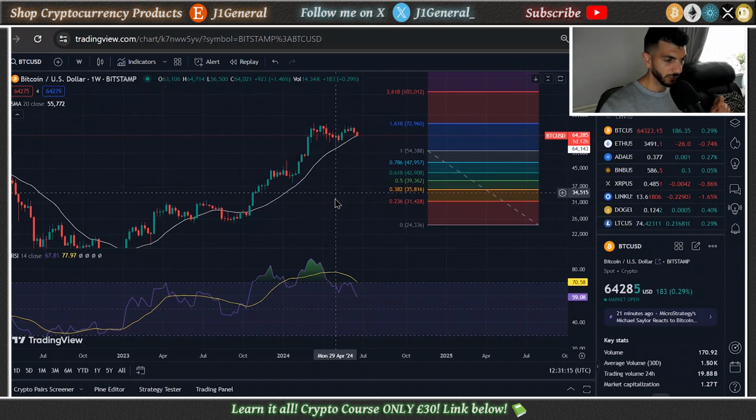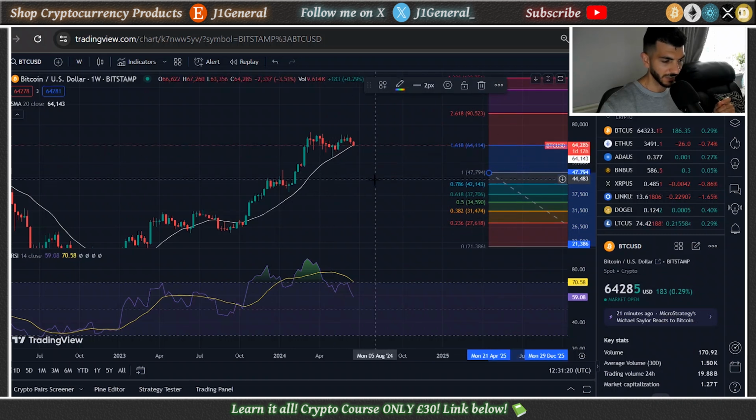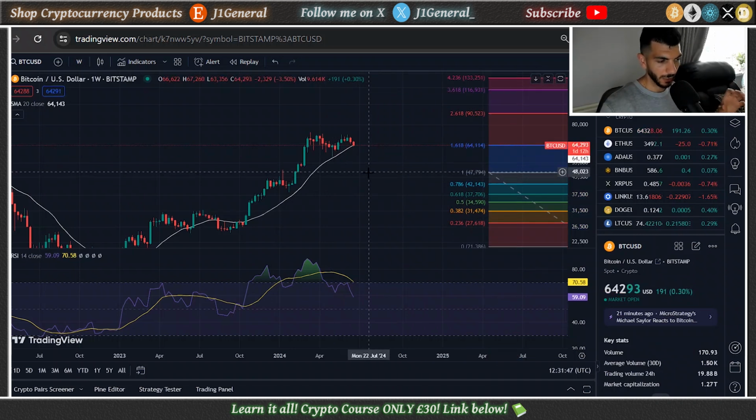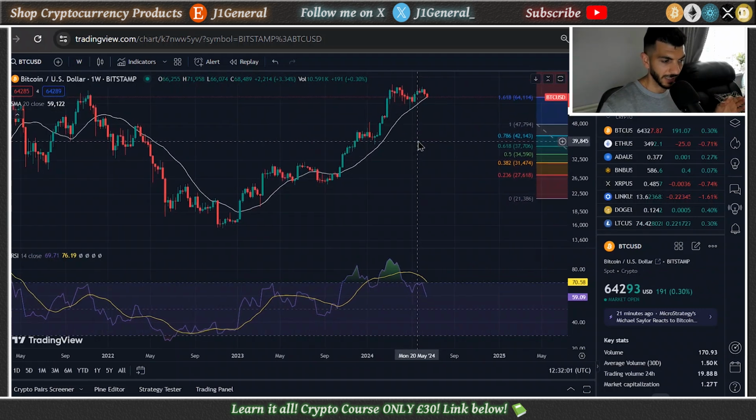So to begin with, let's discuss the moving average. A moving average is essentially a lagging indicator which helps you track where the trend is within the market. So if price action is trending above a moving average, you can say that price is in an uptrend, or if price is trending below a moving average, you can say that it is in a downtrend.